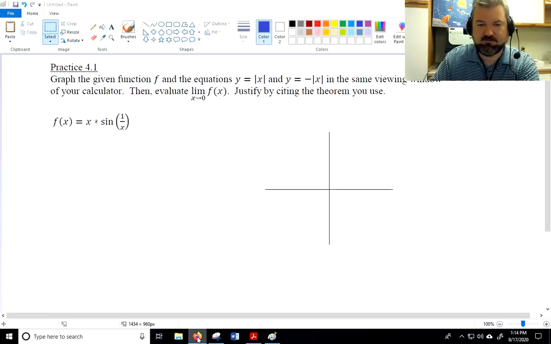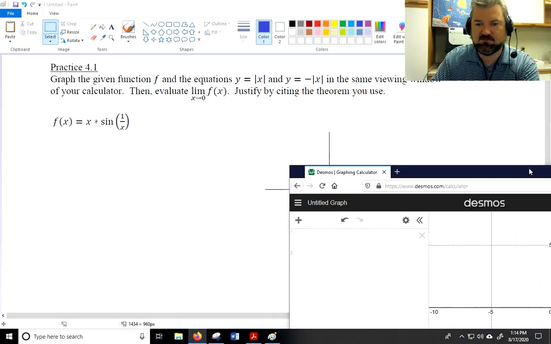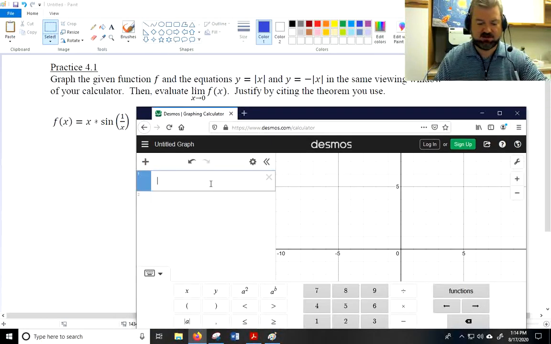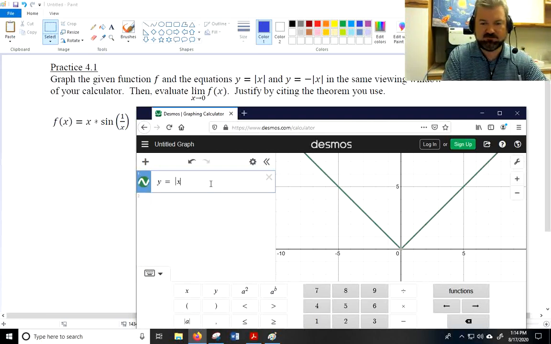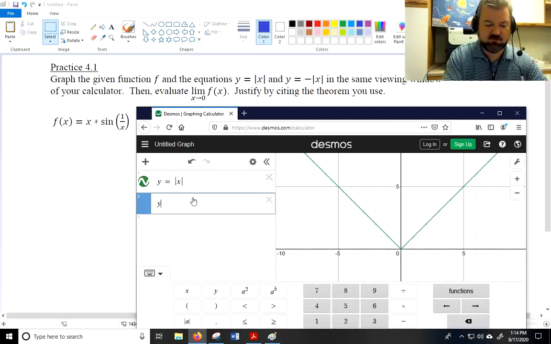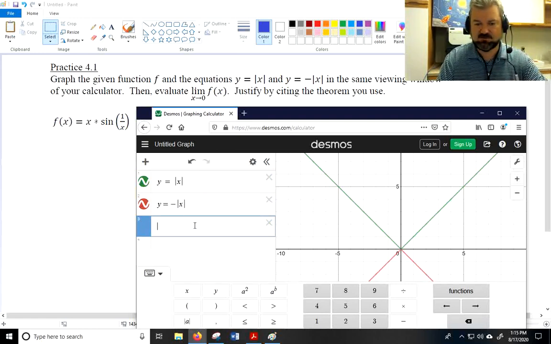Okay, welcome back. Let's go ahead and graph in a graphing calculator. So that's nice that we get to use that. So I got y equals the absolute value of x, and I've got y equals negative the absolute value of x. And I'm going to graph x times sine of 1 over x.